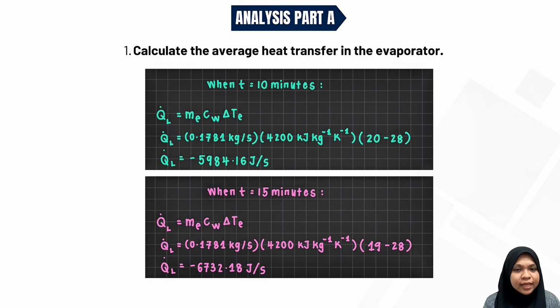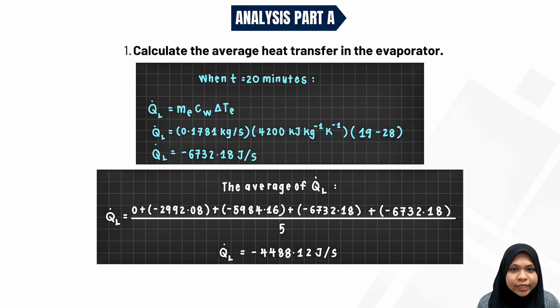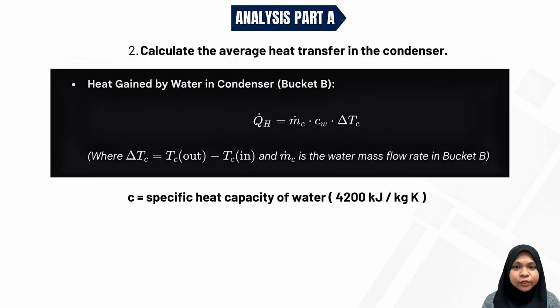When t equals 15 minutes, we get negative 6,732.18 joule per second. When t equals 20 minutes, we get negative 6,732.18 joule per second. And then we calculate the average of QL, we get negative 4,488.12 joule per second.